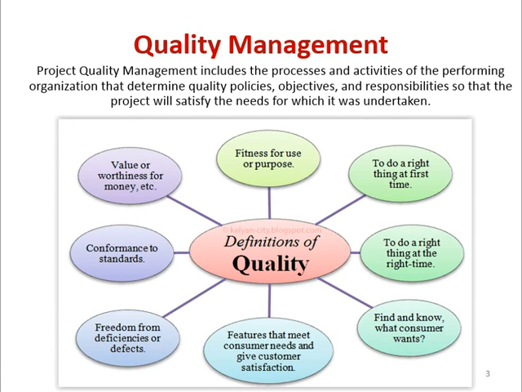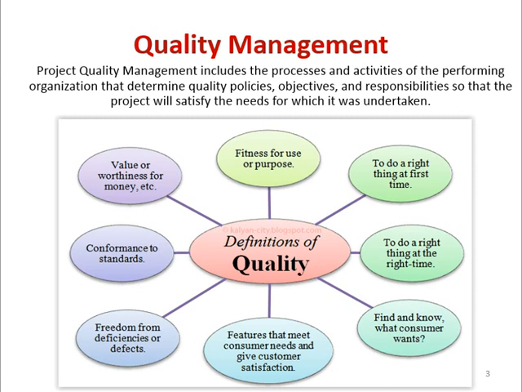So before talking about product quality in Scrum, let's talk about what exactly is the definition of quality. So for quality, what do you understand? By term quality, it's the fitness for use of purpose, to do a right thing at right time, or maybe even at right place, to do a right thing at the right time, find and know what customer exactly wants, features that meet consumer needs and give customer probably a satisfaction level.